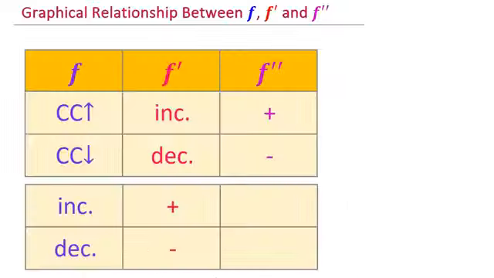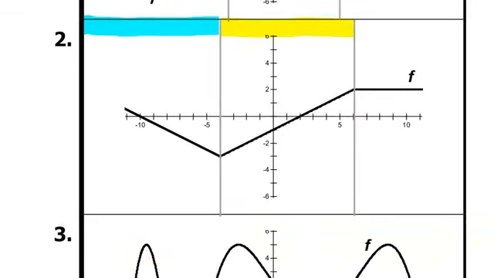But remember, wherever function f is increasing, f prime will be positive. Where it's decreasing, f prime will be negative. So that means f prime will be negative in this interval and positive in this interval.